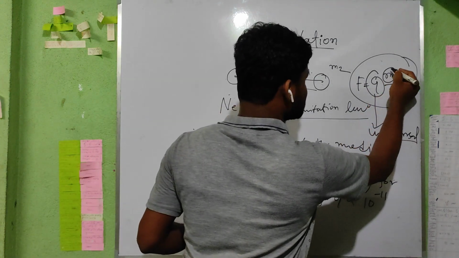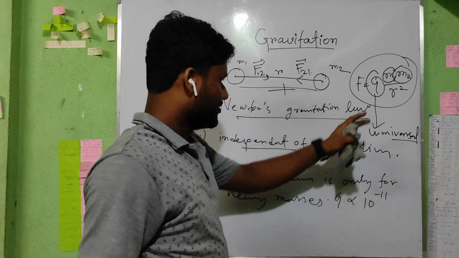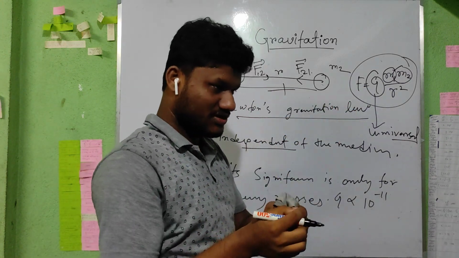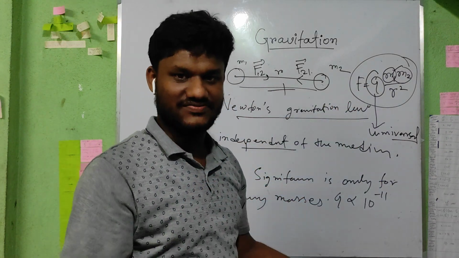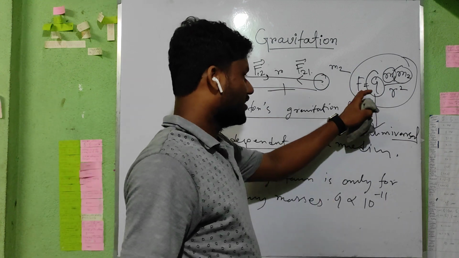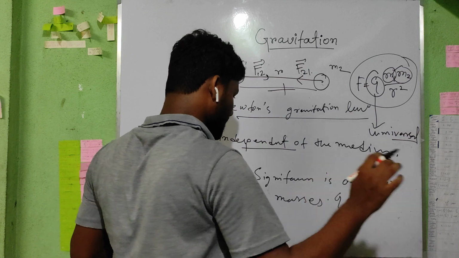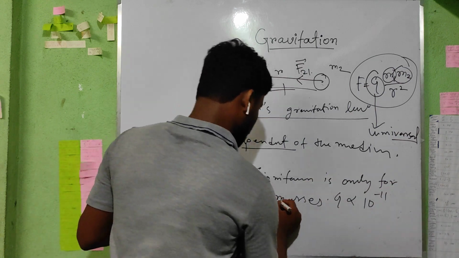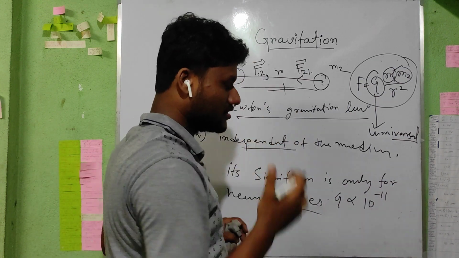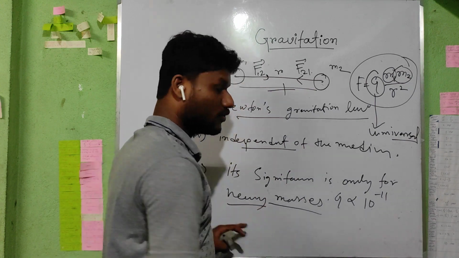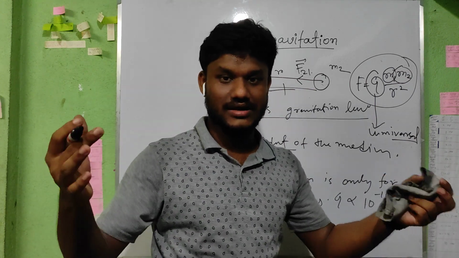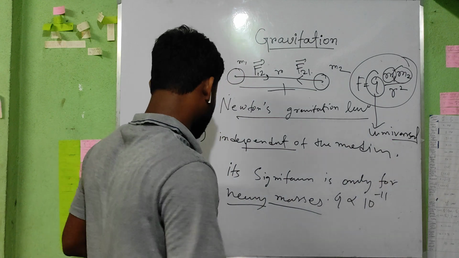So if mass is very small, then the force will be very small. It will be like 10 to the power minus 5 Newton, that kind of thing. Then this force cannot be measured in the laboratory. So for small masses it cannot be calculated. It is only important for heavy masses like the sun and earth, where their mass is very large.